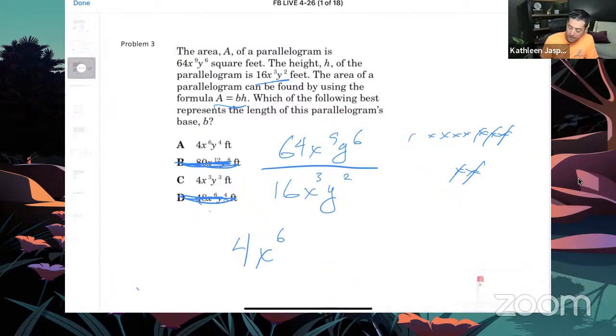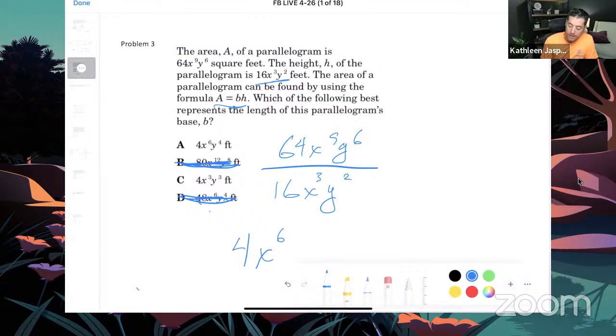The other way you can do it is x to the 9th divided by x^3. When we deal with exponents and we have the same base, it's just the same as saying x^(9-3), which gives you x^6.